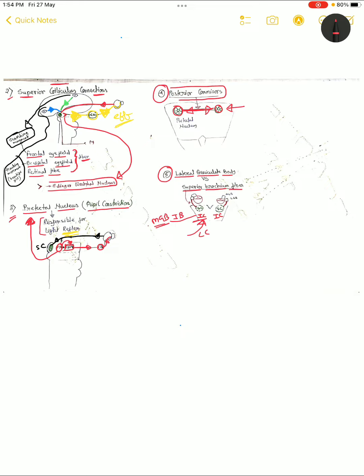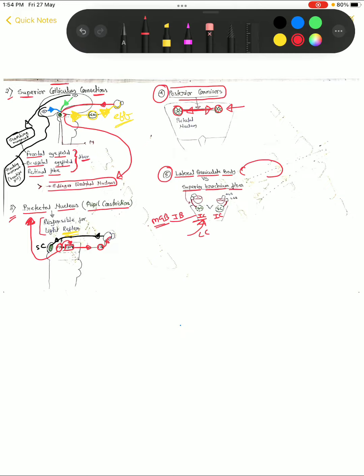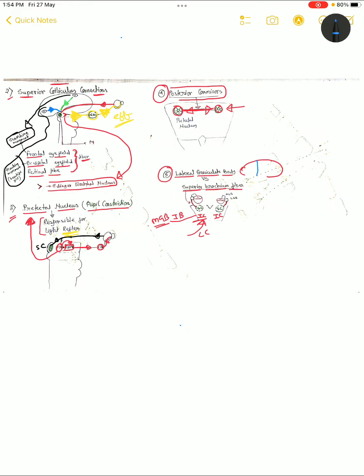Now see, again, the upper fibers which are coming from cortex, so let's say if this is our cortex, the fibers from the cortex are first coming to where? Lateral geniculate body, okay? And then from lateral geniculate body, fibers are coming to where? Superior colliculus. So you will say this fiber is what? Superior brachium fiber, and you know it is associated with our eyes, no doubt, okay?